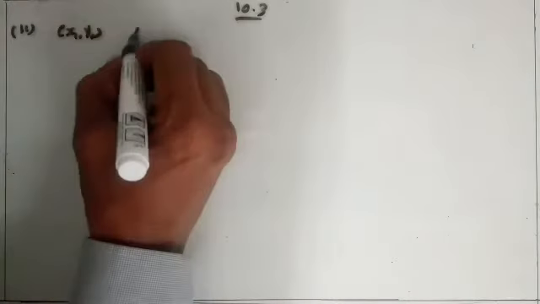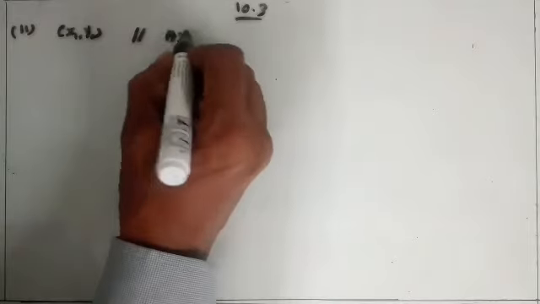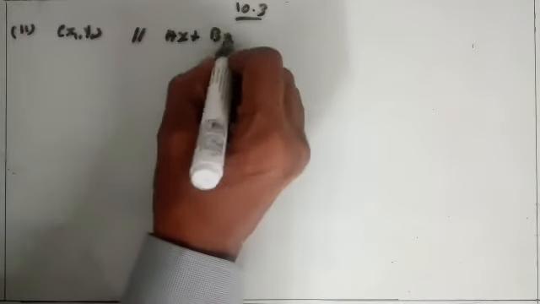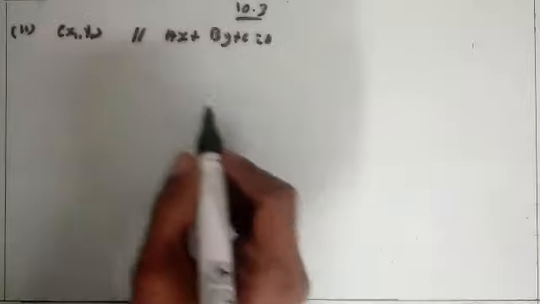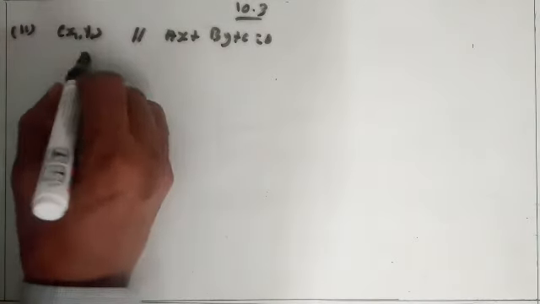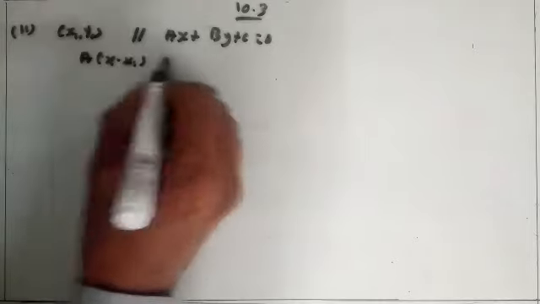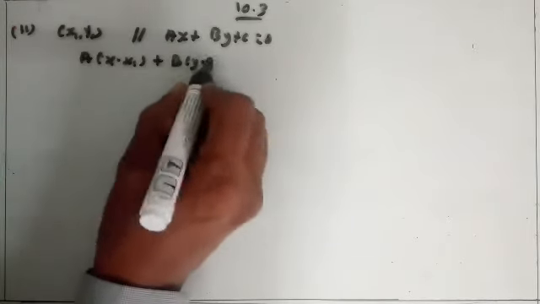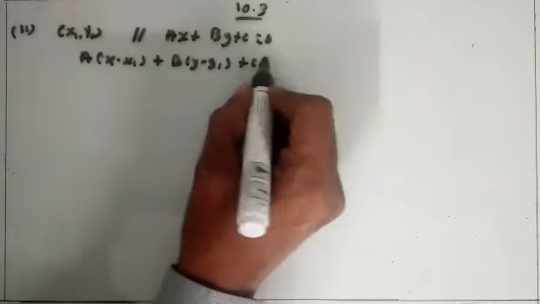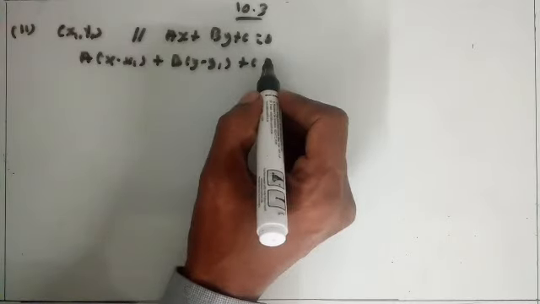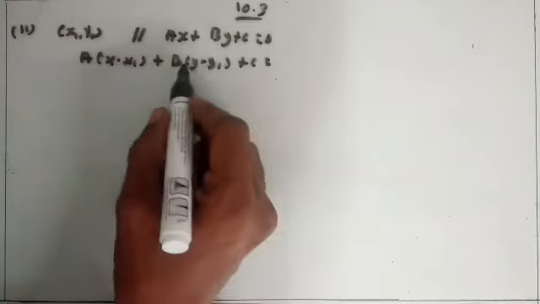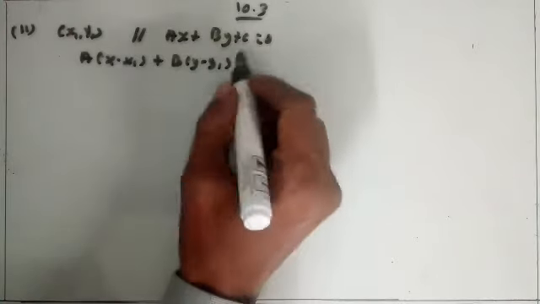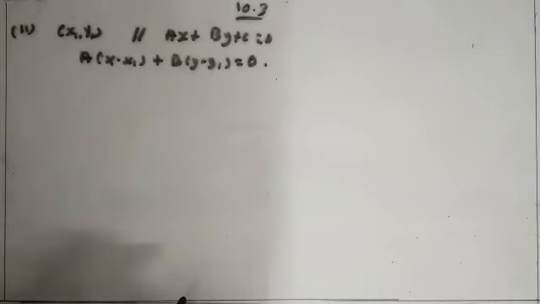Prove that the line through the point x1, y1 and parallel to ax plus by plus c equal to 0 is a into x minus x1 plus b into y minus y1 equal to 0. Prove this.